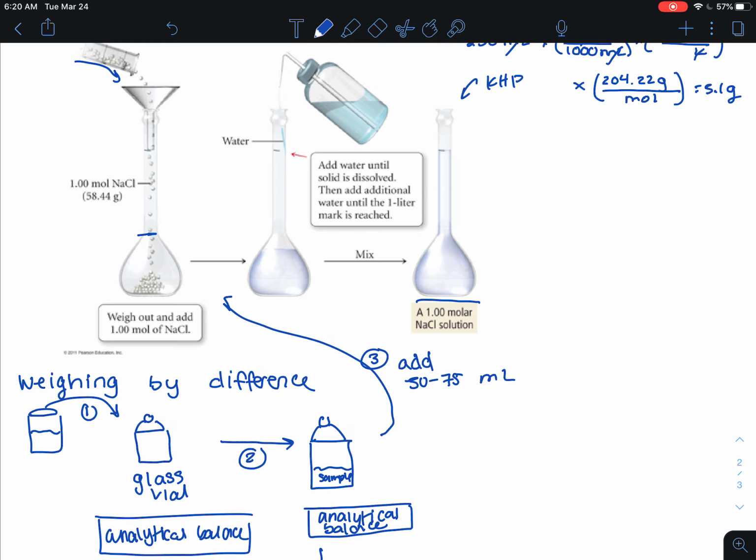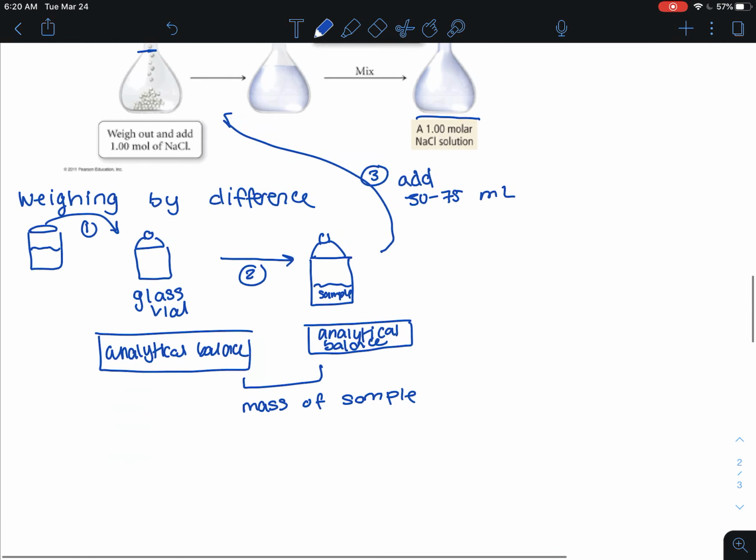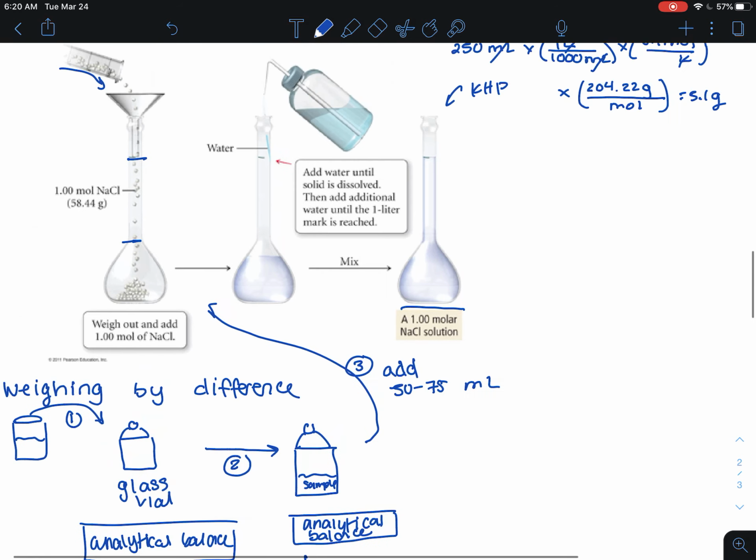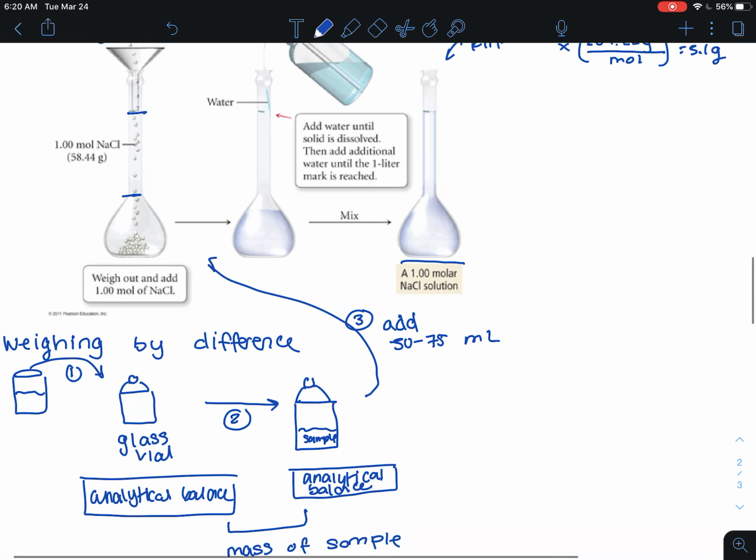Since we want moles specifically, it doesn't matter how much water you're adding. So then you would add up about halfway, and then you'd stir it until you can see most of the KHP dissolve, and then go up to the line so that you know you have 250 milliliters total.